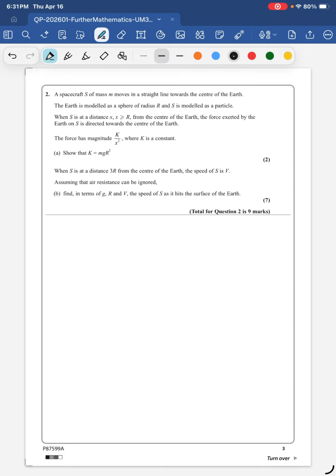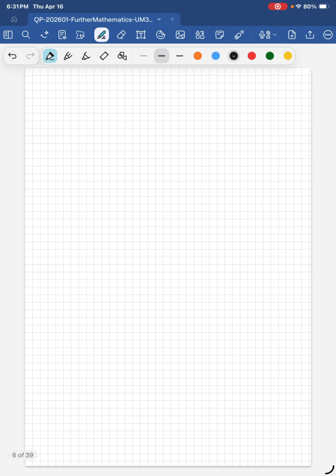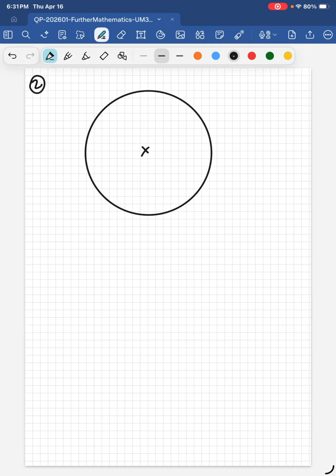So in part A, we have to show that k is m times g times r squared. So let's start with the first part and then see how things go. Clean page. Let's actually draw the situation. So we have a circle, which represents the Earth. Maybe let me use a dot for the center, because I don't want you to get confused with the variable x.